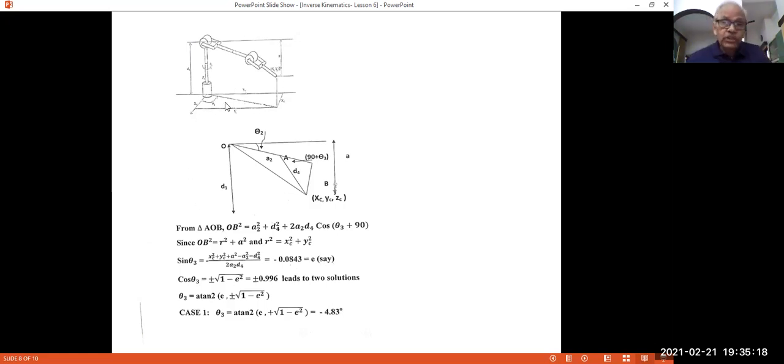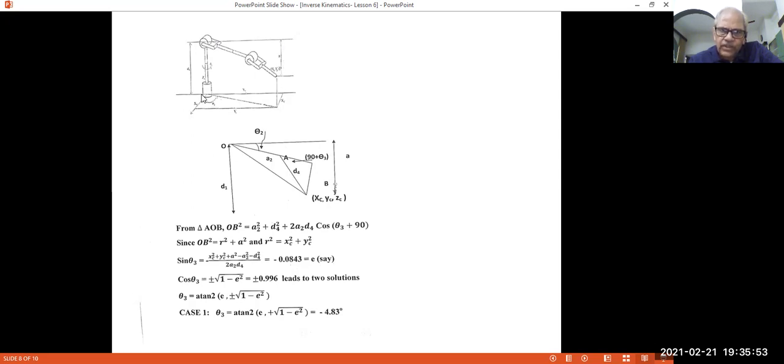Well, what about theta 2 and theta 3? This is theta 2, and this will be some other angle, which is 90 plus theta 3. Well, anyway, from the properties of these triangles, this is the link length this much, and this is the other link length, and this is theta 2. So from this triangle, this square is equivalent to this square plus this square.